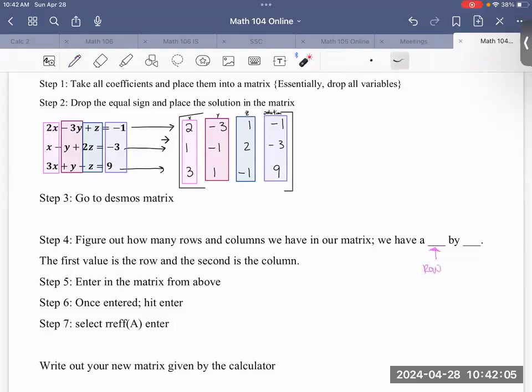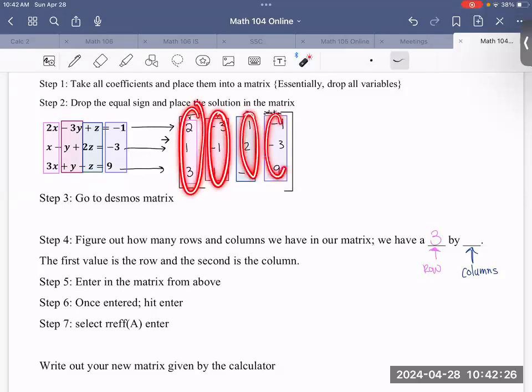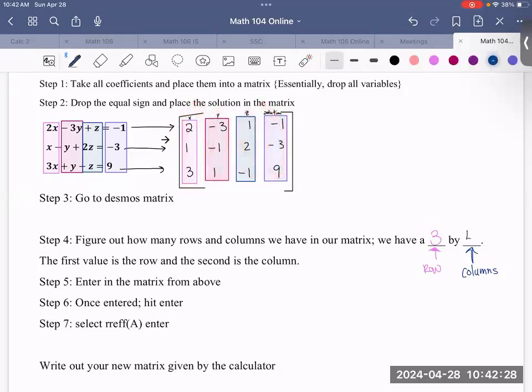So how many rows do you have? We have 1, 2, 3 rows, so we have a 3 here. So it's a 3 by, and then your next value is your columns. Your columns are 1, 2, 3, 4. So when we go to do it, we're going to open up a 3 by 4.